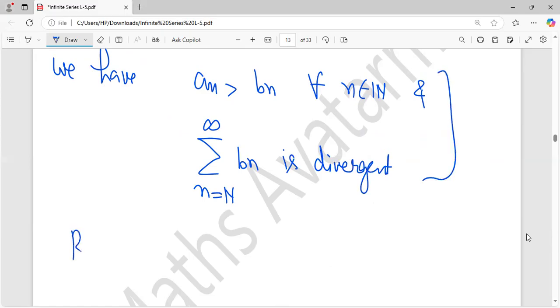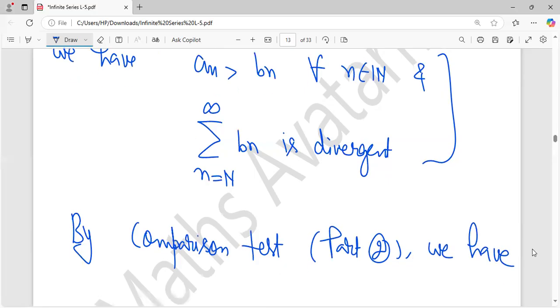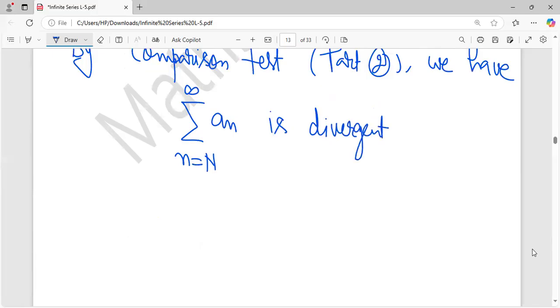So by comparison test part 2, we have that this series is divergent. So this implies this series An is divergent.